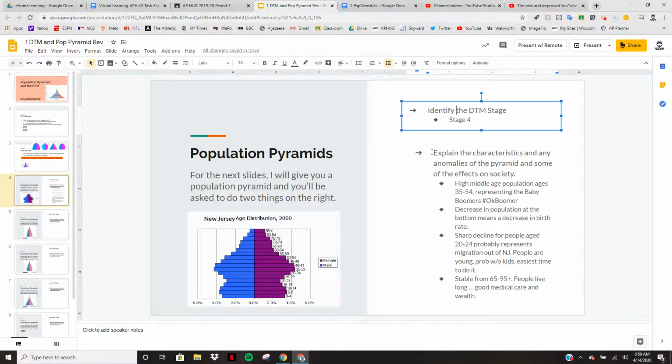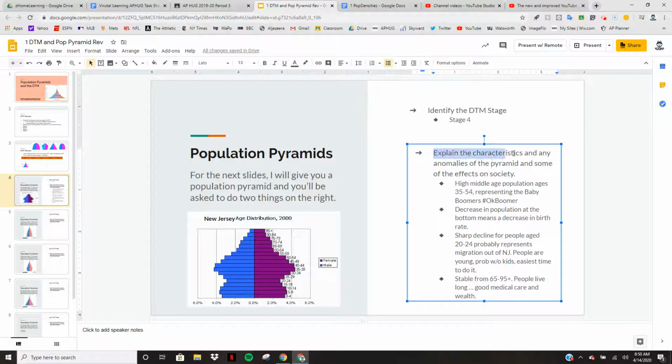And then you're going to analyze it here by explaining the characteristics of the pyramid and any anomalies that might exist. And this is where you have to remember that even though this shows you the year 2000, it's not something that's stuck in time. You have to think back and say, okay, if somebody's 50 in the year 2000, that means they were born in 1950.